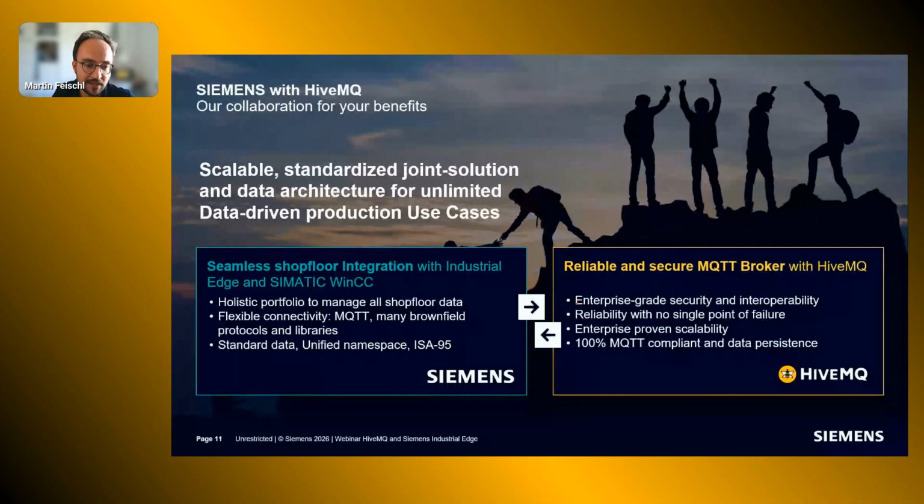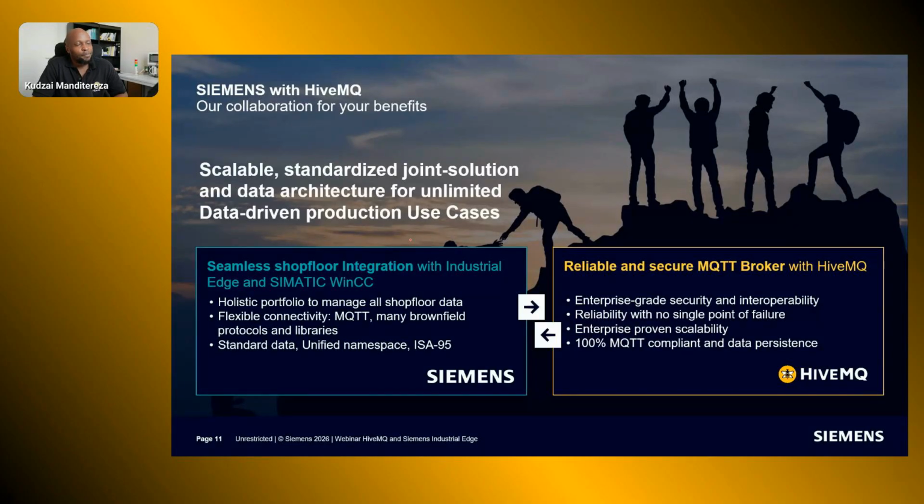And Kutsai, would you like to do it for our Siemens Industrial Edge solution? Yeah, absolutely. As you can see, as you want to connect to your brownfield equipment, you definitely need something that is proven, industrial grade, and runs right there at the edge, close to your equipment. And certainly, without a doubt, Siemens Industrial Edge is perfectly suited for that specific role.